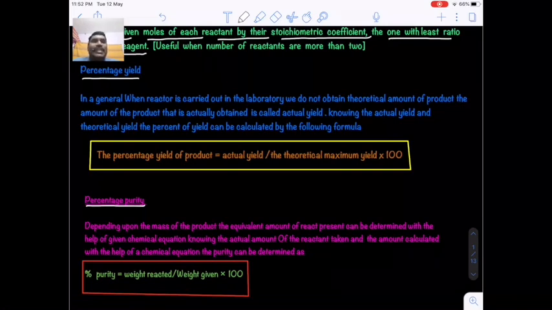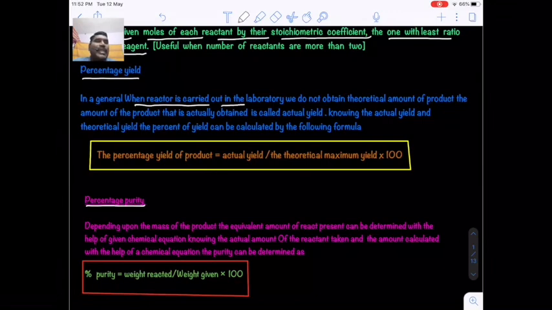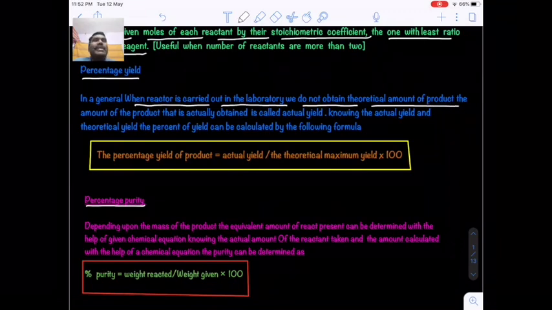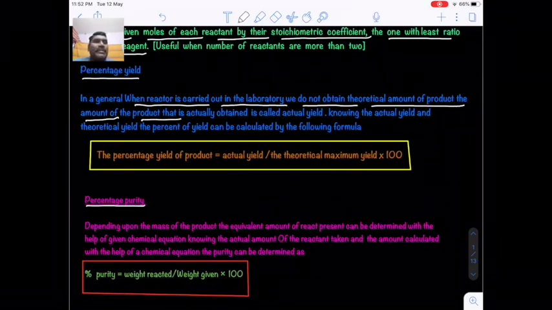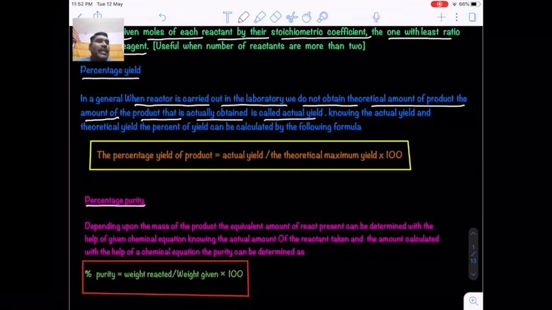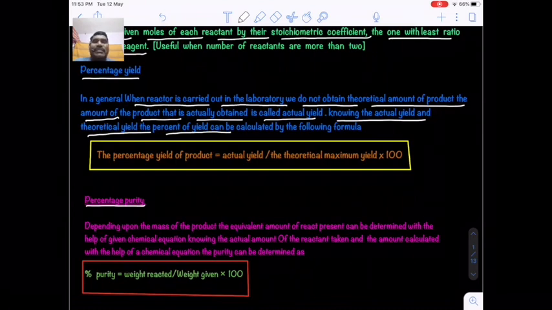Generally the reactions carried out in the laboratory do not give the theoretical amount of the product. The amount of the product actually obtained is known as the actual yield, and knowing the actual yield and theoretical yield, the percentage yield can be calculated.